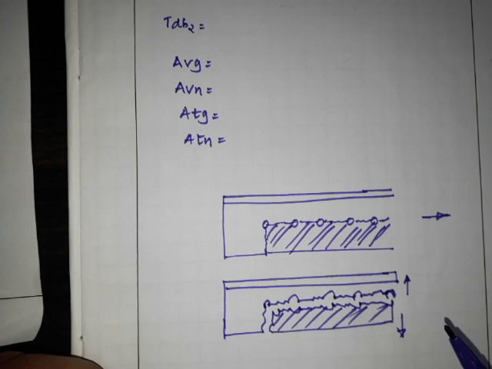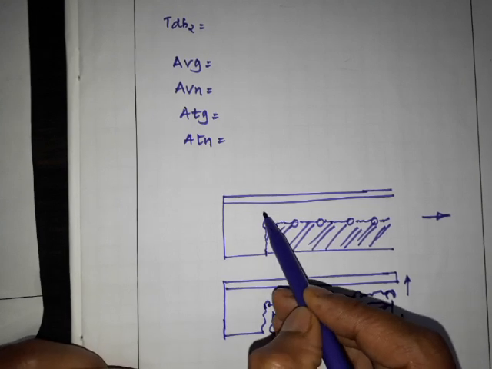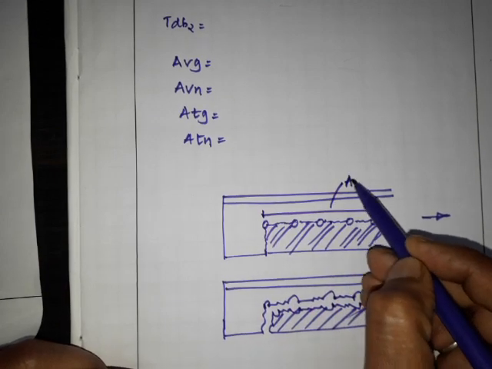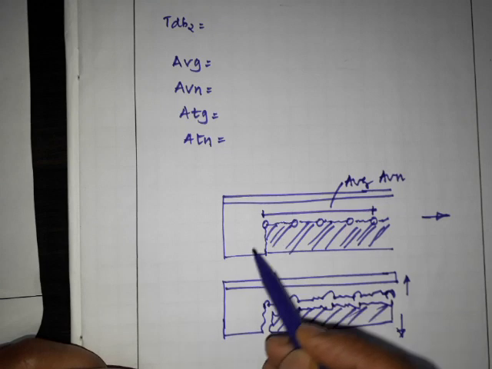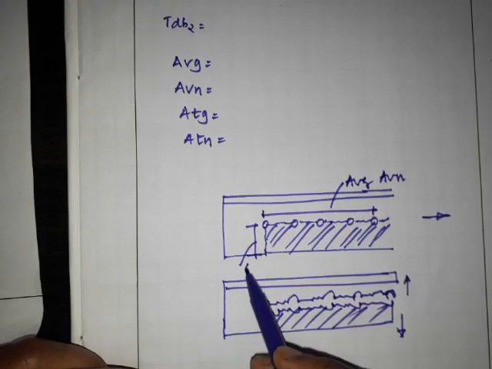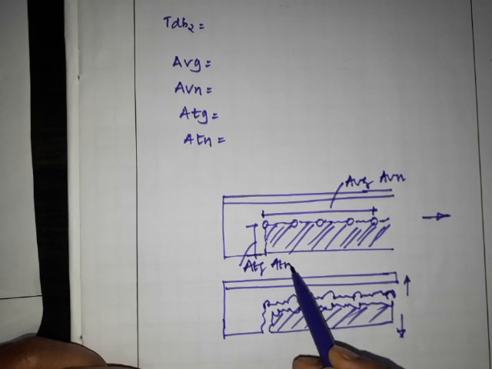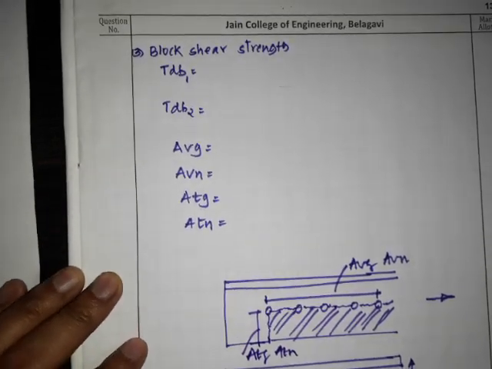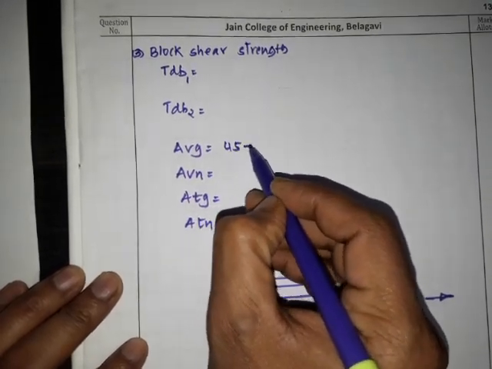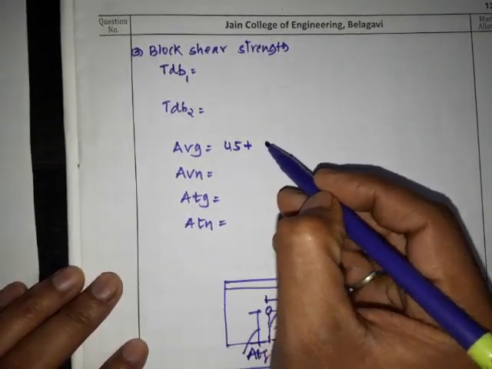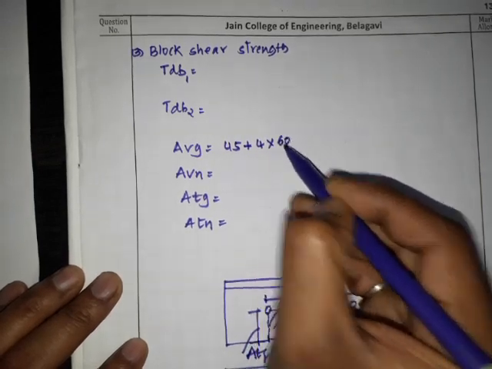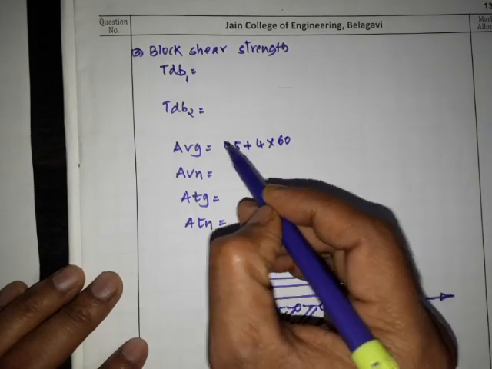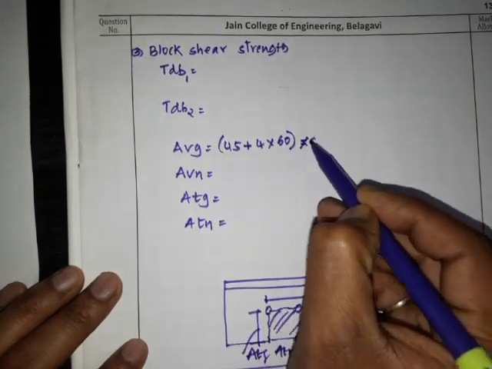So AVG and AVN, we have to find out with respect to this length, and ATG and ATN with respect to this, okay. So AVG will be 45 plus 4 into 60, this distance is 45, so 45 plus 4 into 60, that is the gross, into 8.